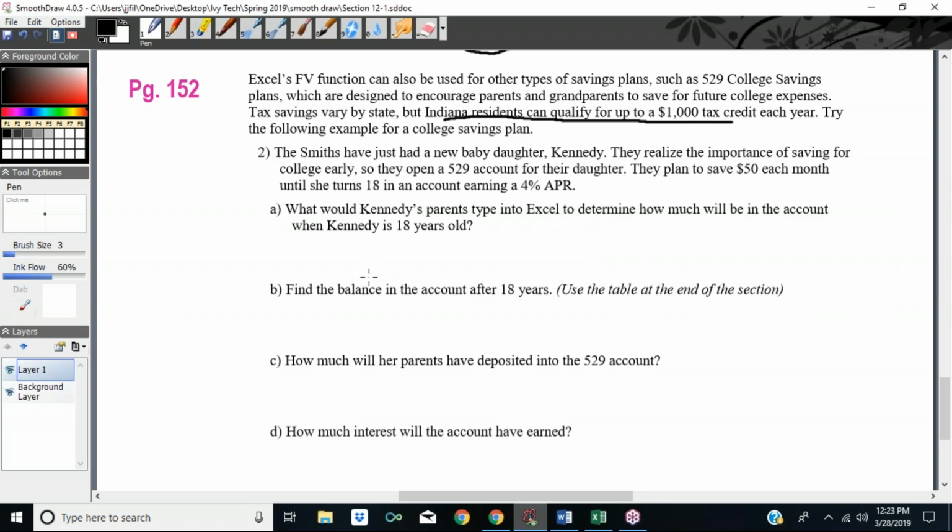If you look about midway down the right-hand side of your chart on page 153, putting in those values, the function would look like this: FV, 0.04 divided by 12, 12 times 18, and then negative 50. That gives us $15,779.62.